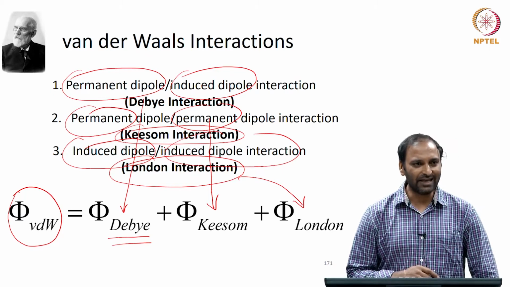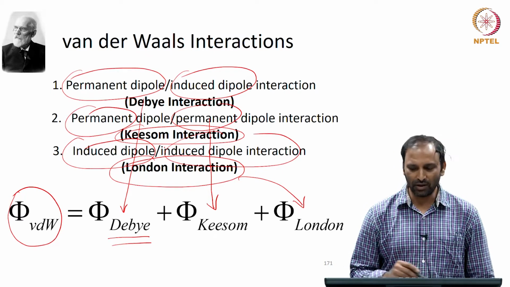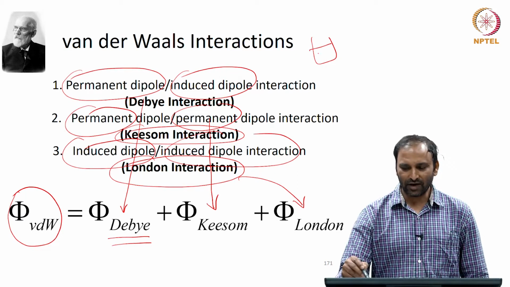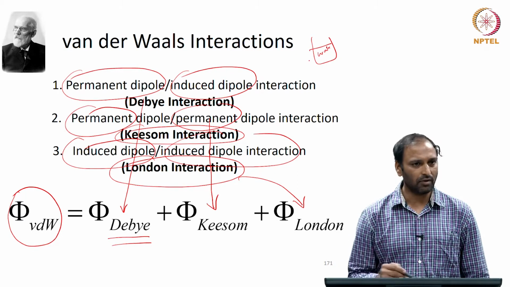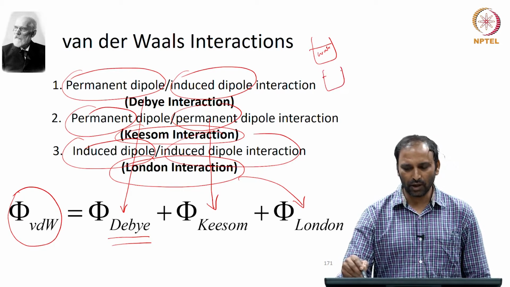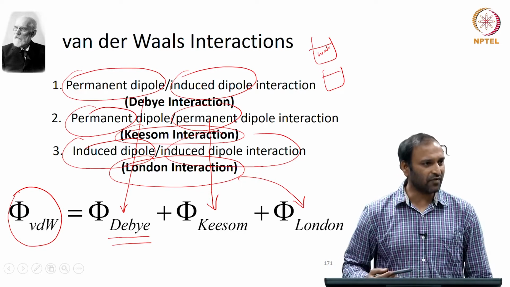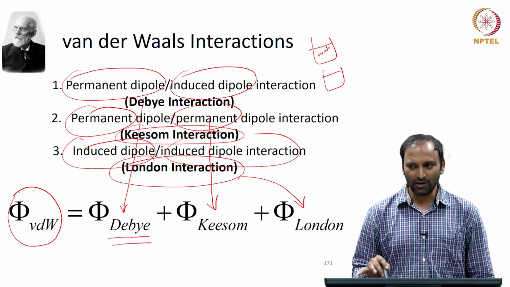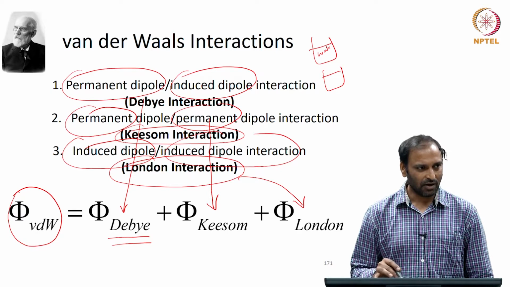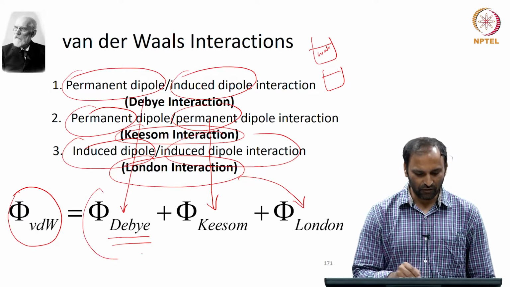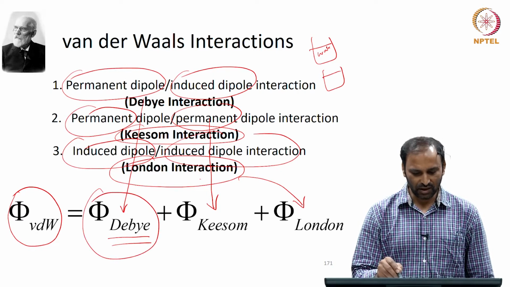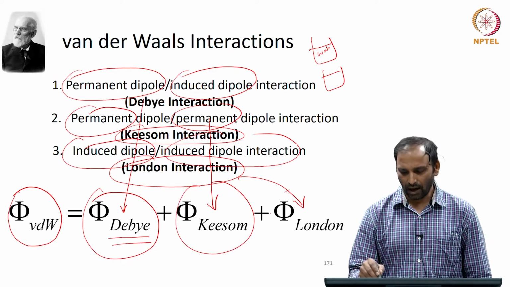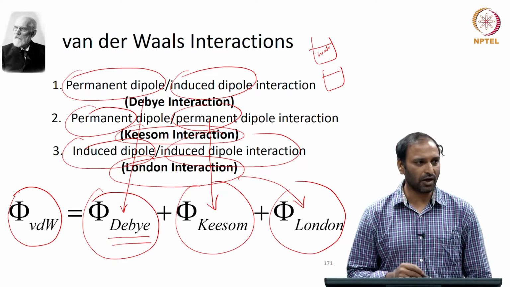Take any material, say a container with water, or any liquid or any condensed phase, and you will see that there will always be van der Waals interaction. This interaction is a combination of the Debye interactions, Keesom interactions, and London dispersion forces, or London interactions.